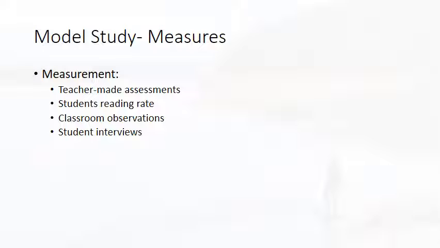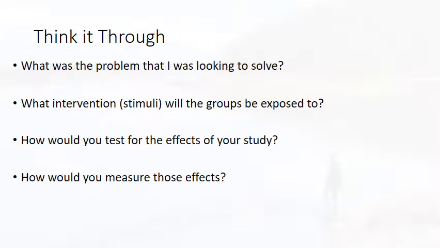In this case, I chose 4 different measurement tools: teacher-made assessment, the student reading rate, classroom observations, and student interviews. By using those 4 measurement techniques, I can now determine whether that classroom lighting intervention was effective or not.